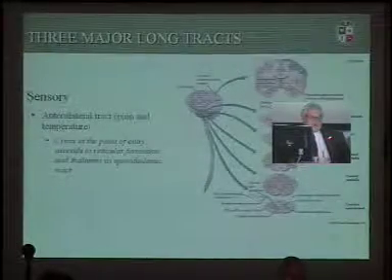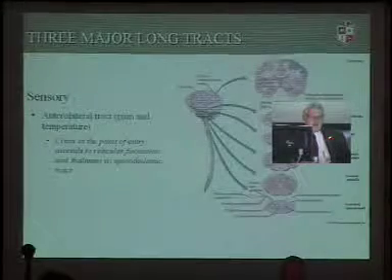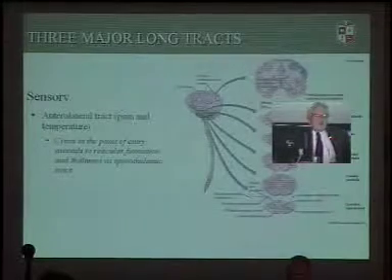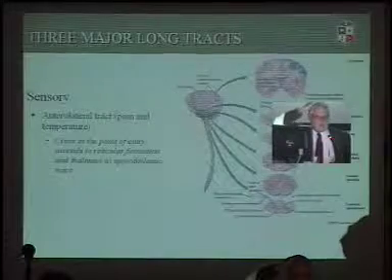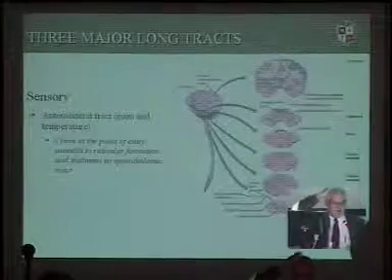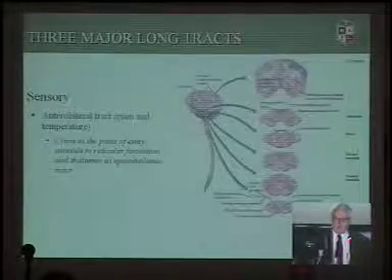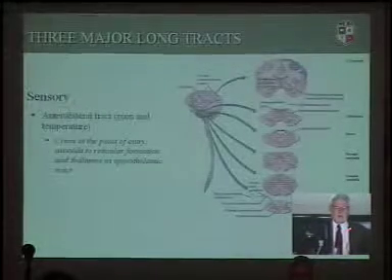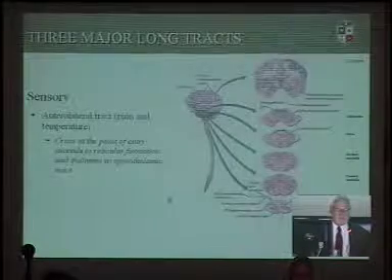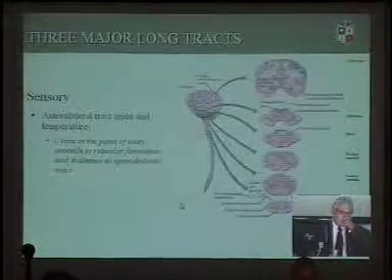Okay, there are three major pathways that travel all the way from the spinal cord to the cortex, or from cortex to spinal cord, and you should know these, okay? There are two sensory pathways. One is a pathway that carries pain and temperature.